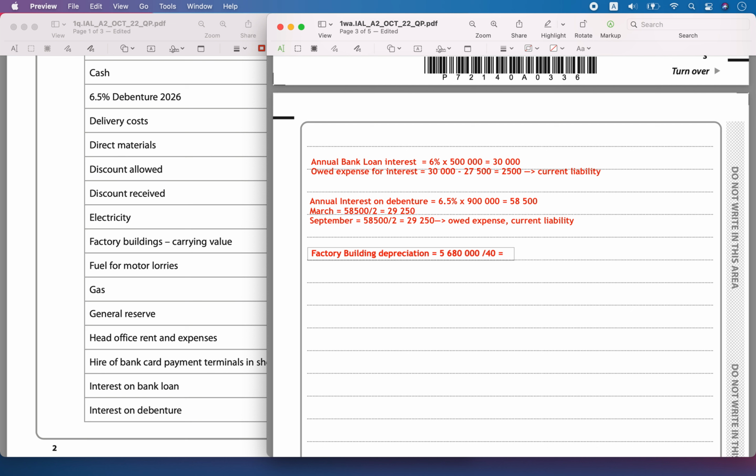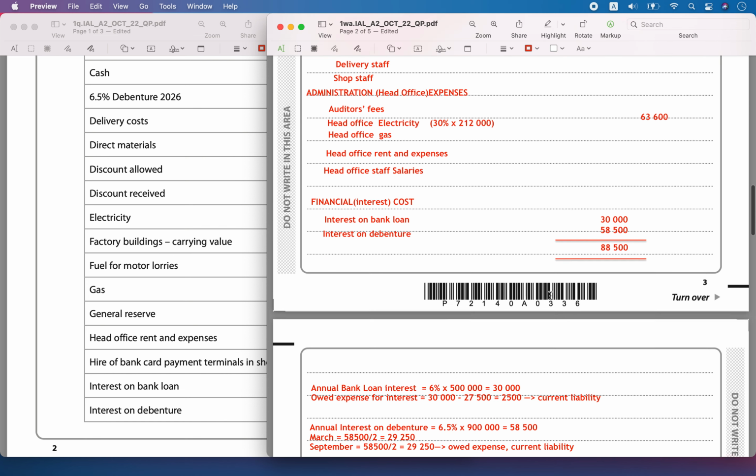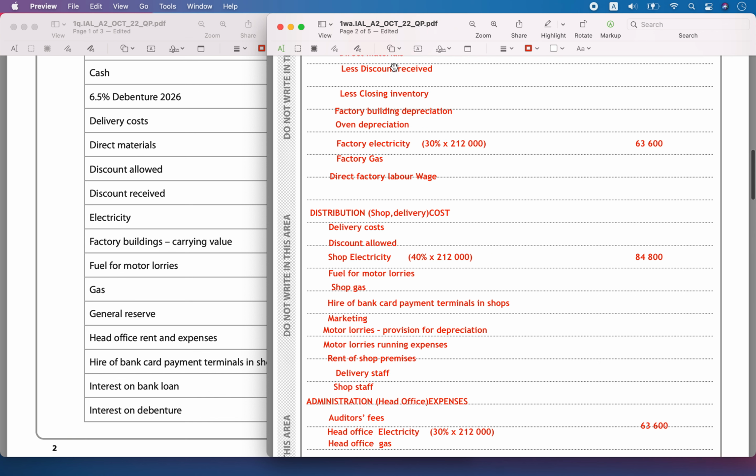Okay, for the remaining 40 years, that's going to be equal to 142,000. So this is the factory depreciation. Okay, factory depreciation is 142,000. So let's write it here. It's the cost. So 142,000.